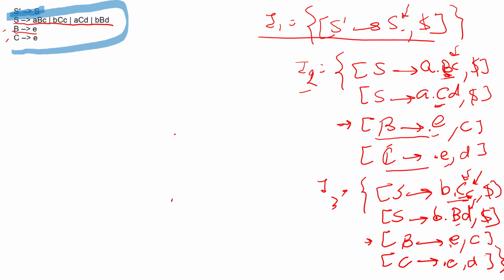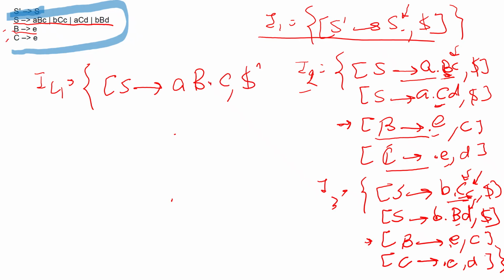So from the first one, in fact, we can construct I4. I will write it just here. We're shifting the dot one step to the right, and you copy the right-hand side as is. So it will be A, B, dot C, and dollar. And now because C is terminal, it means in I4 we can't do any extension. So again, for the C it will be the same. So we're constructing I5.